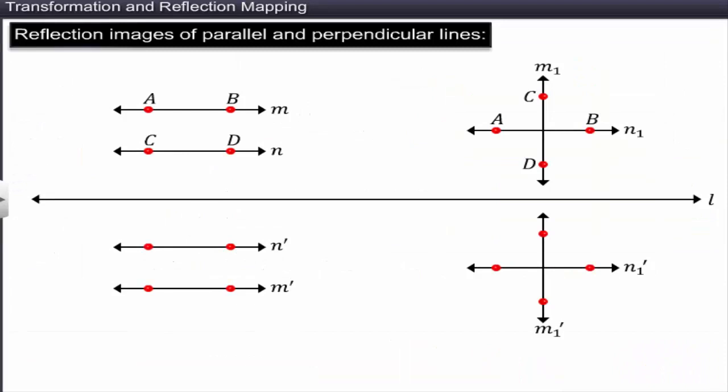Hence the reflection images of lines M and N in line L are lines M' and N' as shown here. Also, the reflection images of lines M1 and N1 in line L are lines M1' and N1' as shown here.